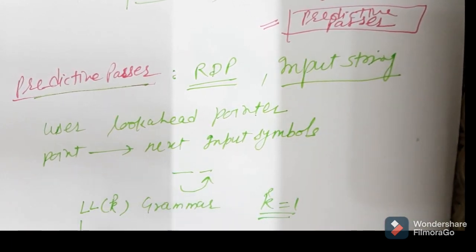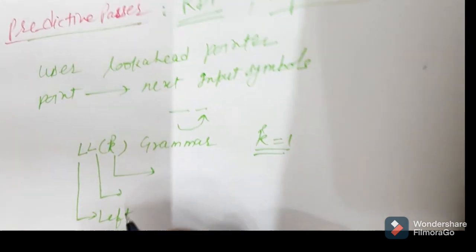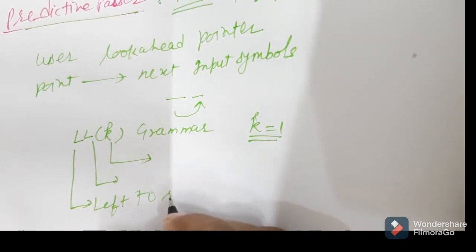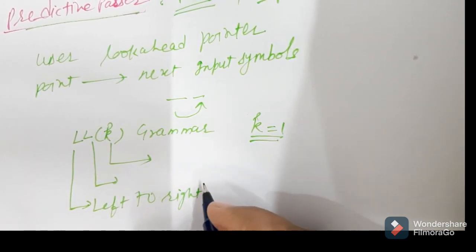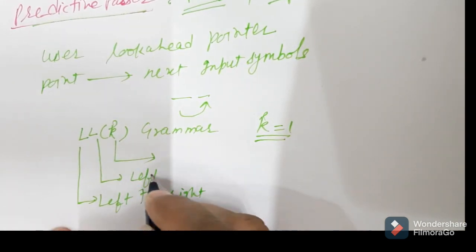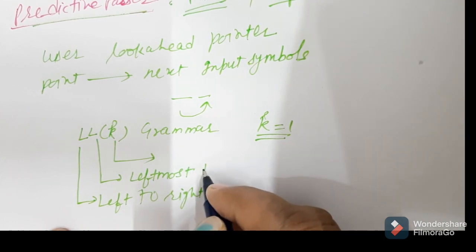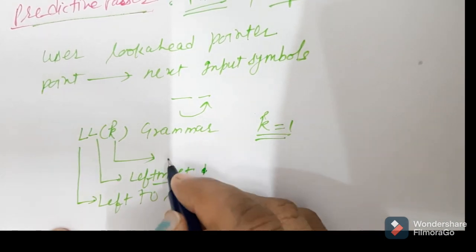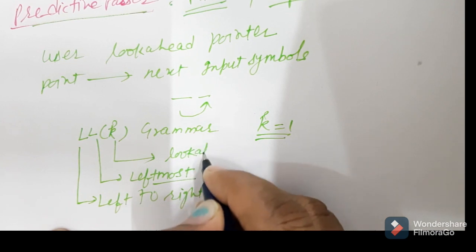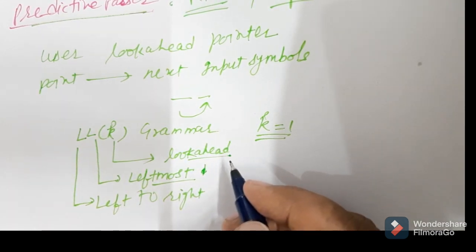What is the meaning of this? First L means left to right, means scanning is done from left to right. The second L stands for derivation, here leftmost, and this K is used for the look ahead pointer which points to the input string.